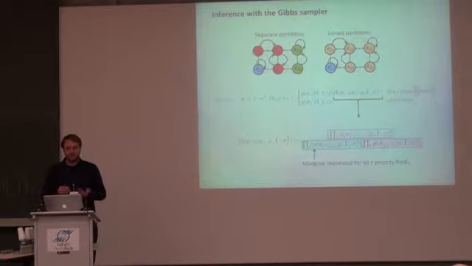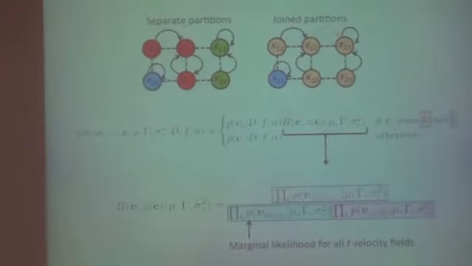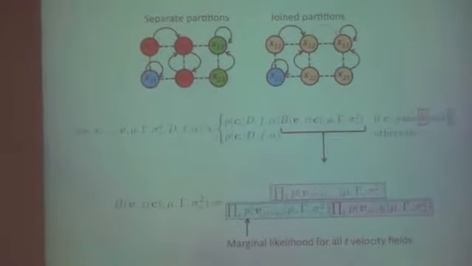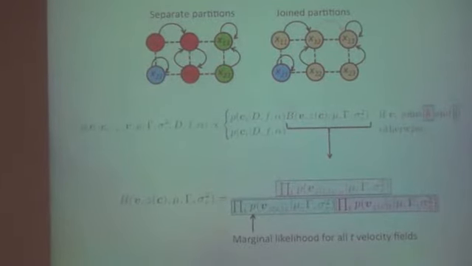And we sample according to this factor. If the data tells us that we should merge, then we merge according to that probability. If not, we split the partitions. So that's the idea behind sampling partitions, given the velocity fields with the prior deformations.